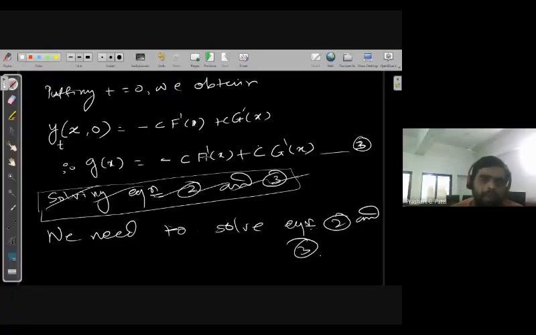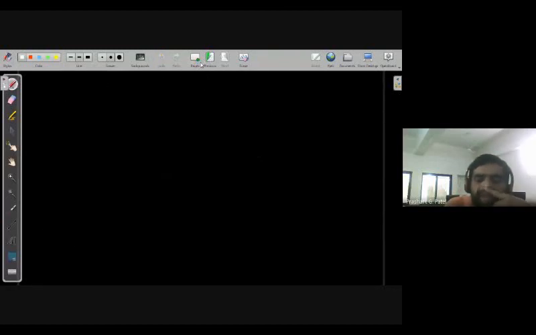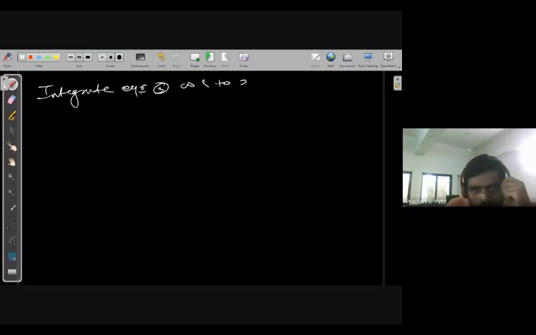We need to calculate what capital F and capital G are, because they are arbitrary functions. Small f(x) and small g(x) are given to us. So with that note, we integrate equation 3 with respect to x.